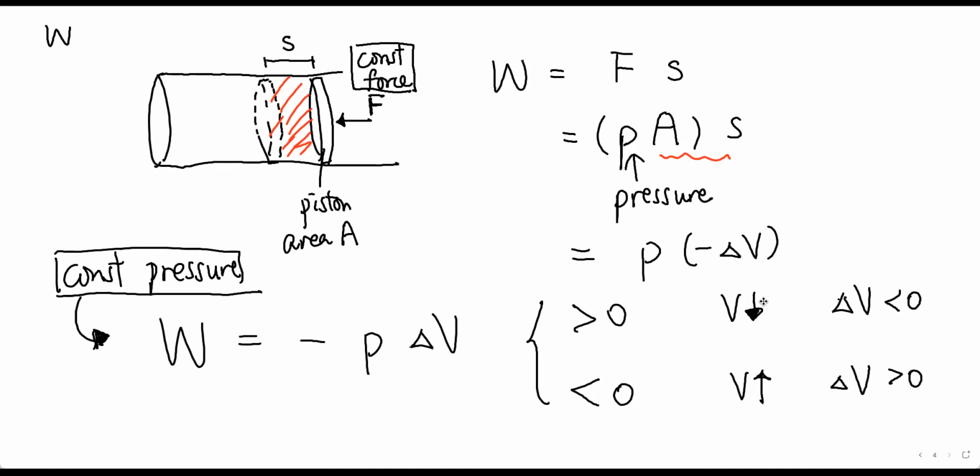So we ignore the work done on the liquid and on the solid. But on gas, we cannot ignore the work done, because you can really change the volume of the gas easily.